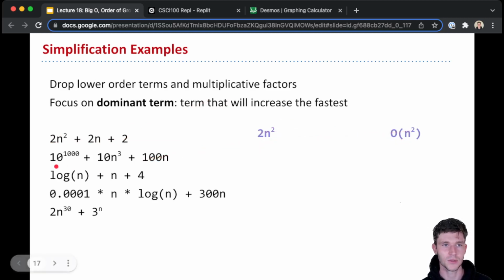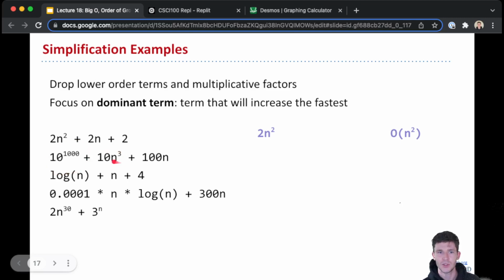What about this next one? So 10 to the 1000 plus 10n cubed plus 100n. Again, first we're going to keep only the thing with the highest order term. So the highest order term here is 10 to the, well, actually, you tell me, what is the highest order term? 10 to the 1000 is not in terms of n, right? So this is actually a constant term. Even though it's very large, it is a constant.